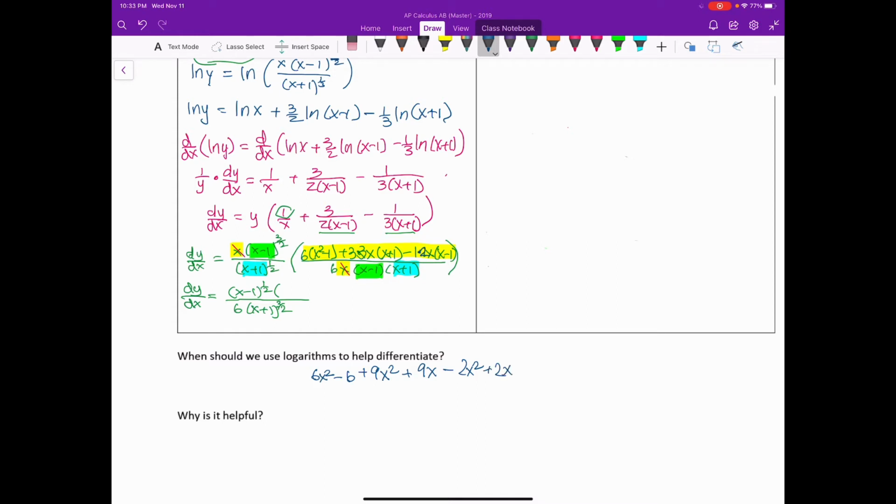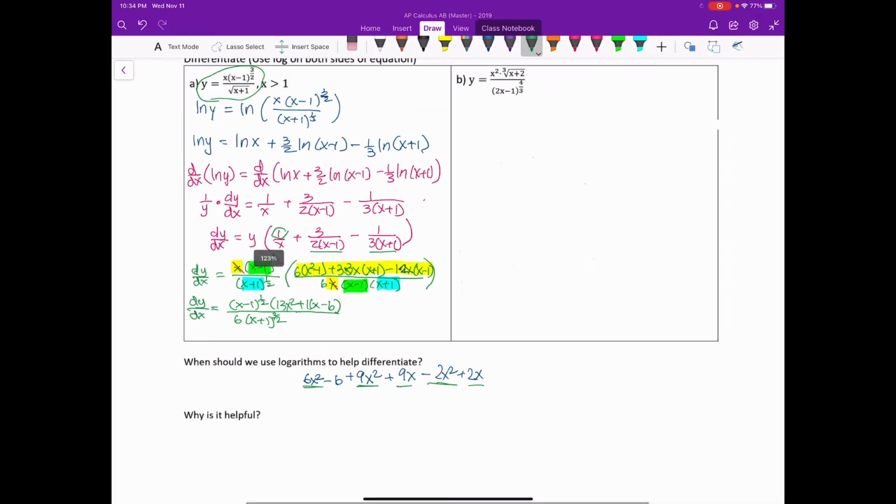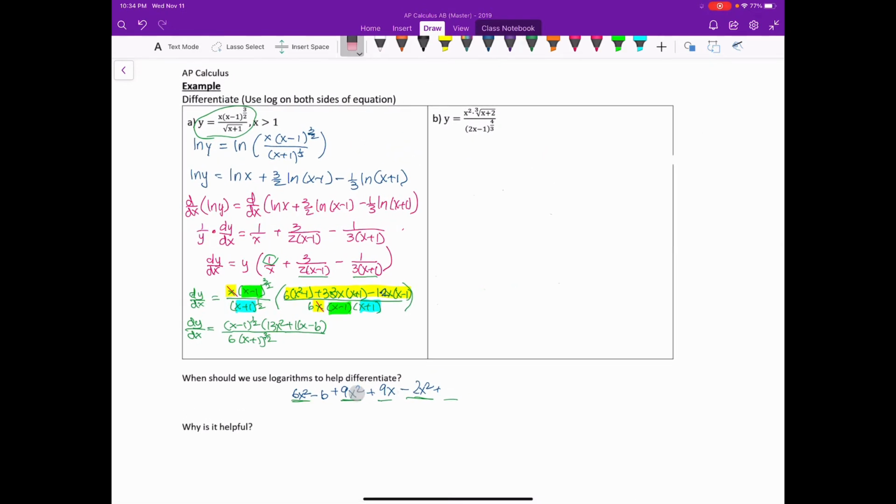So combining all of the like terms, all of the x squared terms are going to give me 13x squared, and the x terms are going to be plus 11x and a minus 6 in the end, like that. And then I think that does it. There you go. Now pause the video. I'm going to erase down here. Pause the video and do part B. Done in a similar way: take the natural log of both sides.